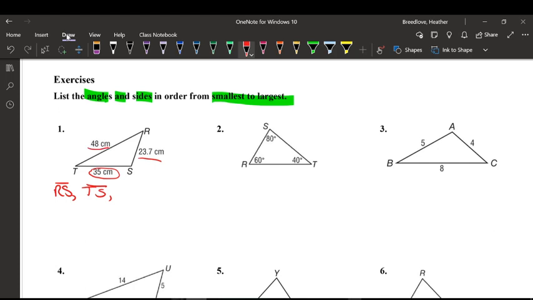And then the largest is 48, so that's TR. All I did was list the sides in order from smallest to largest, based on the numbers given.